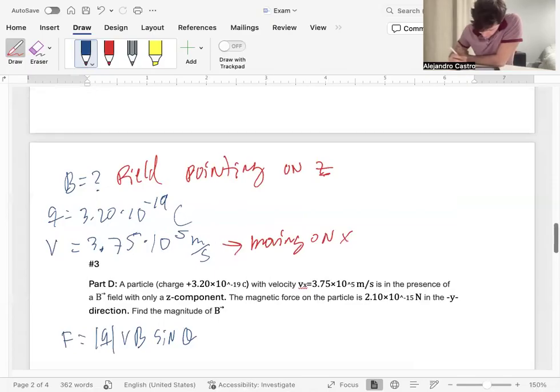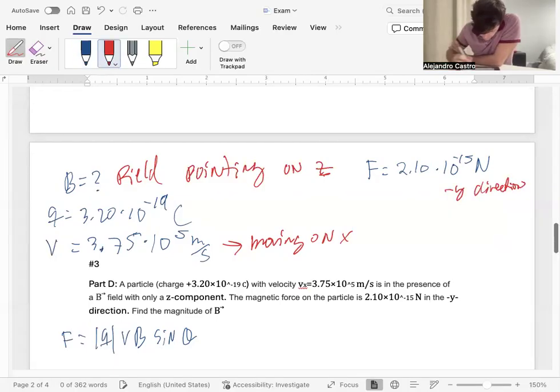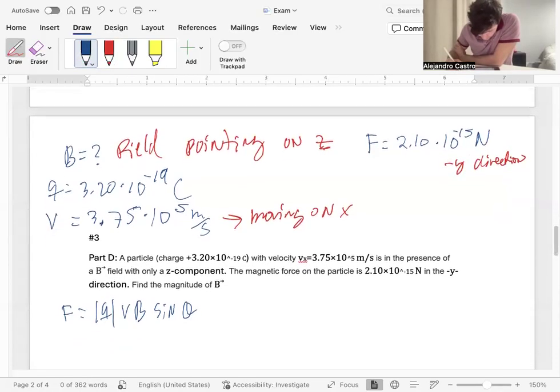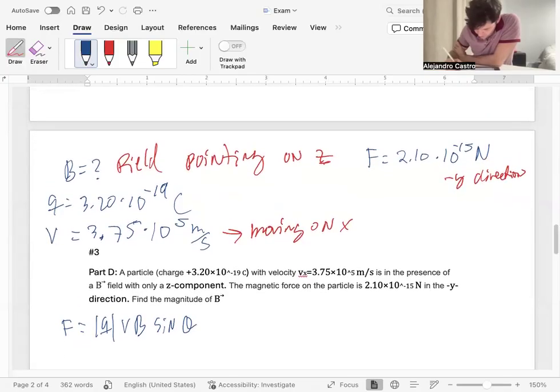We also have here the magnetic force on the particle. Since the force is magnetic, we need to find the magnitude of B. The only thing that we need here is not given to us explicitly.